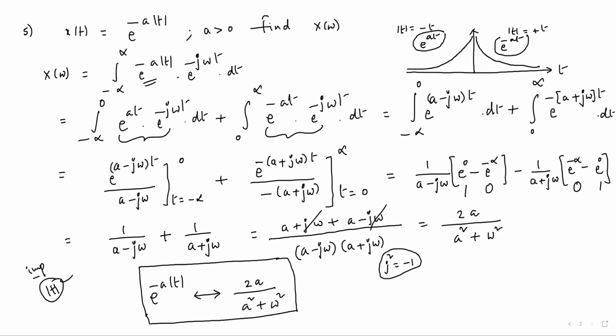Let us find the Fourier transform of signum function now. One more standard signal, signum function, which is plus 1 right hand side, minus 1 left hand side. Find the Fourier transform of signum function.